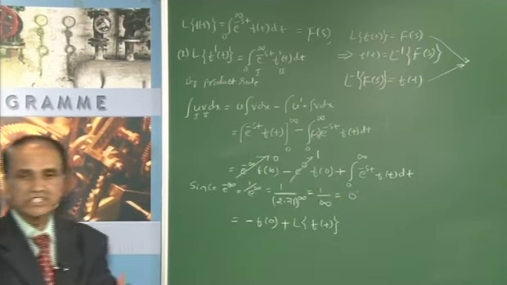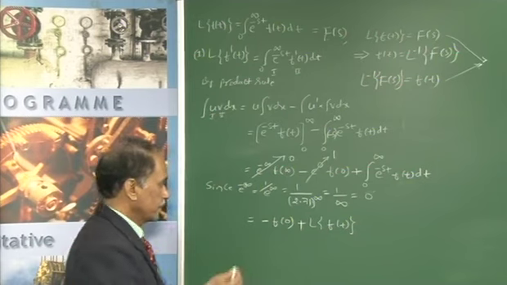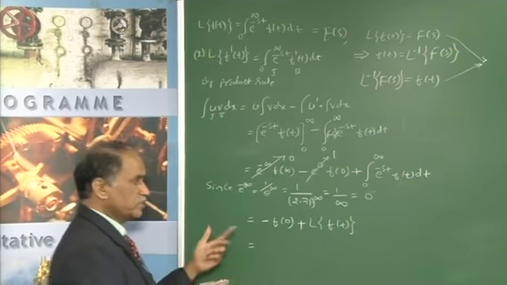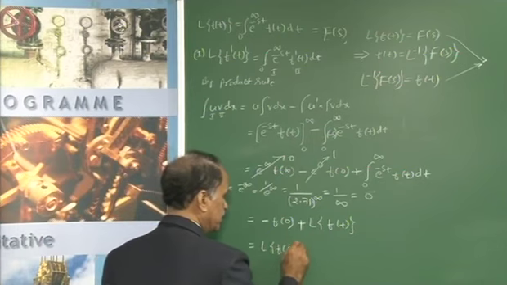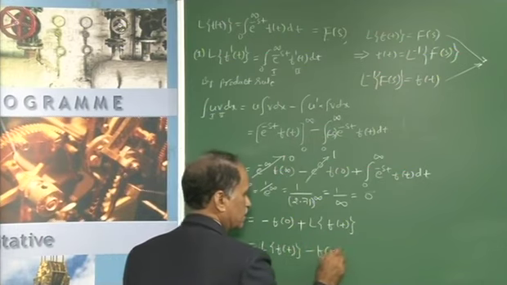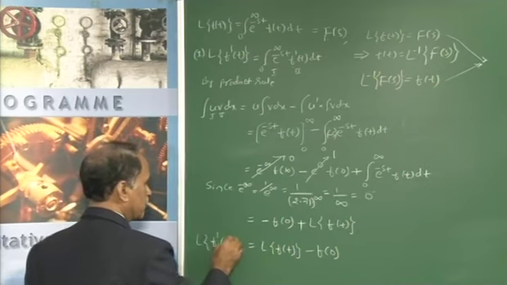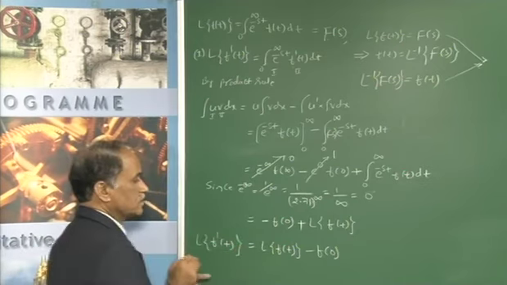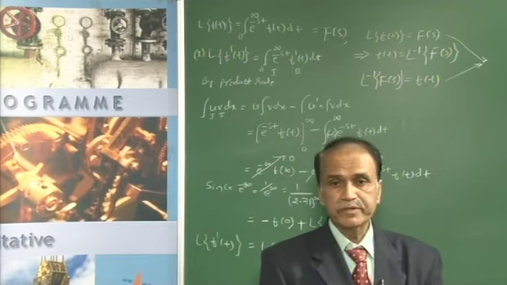Now, without any hesitation you can write this term as L of f of t. Therefore, it is customary to write this as s times L of f of t minus f of 0 for L of f dash of t. This is the case of Laplace transform of derivatives.